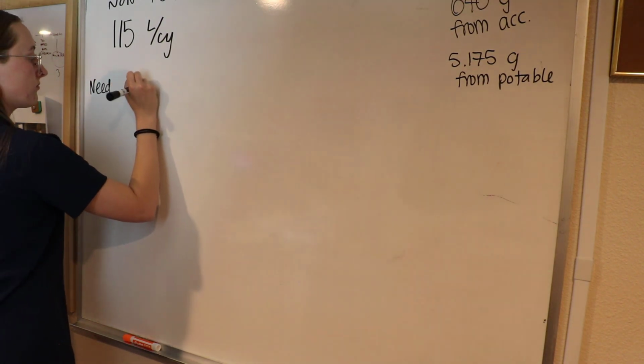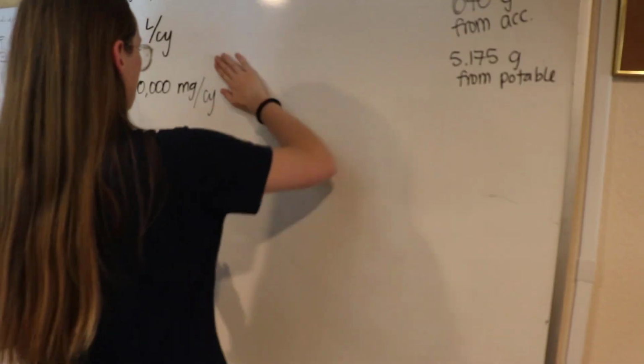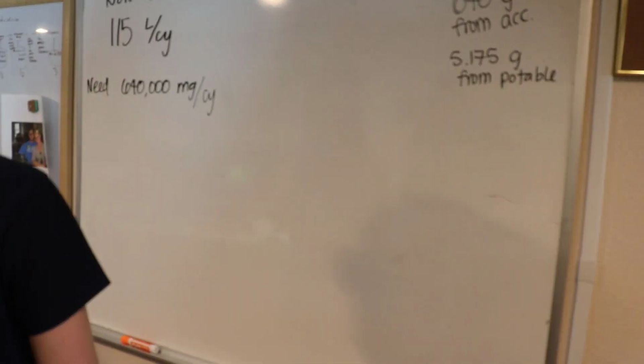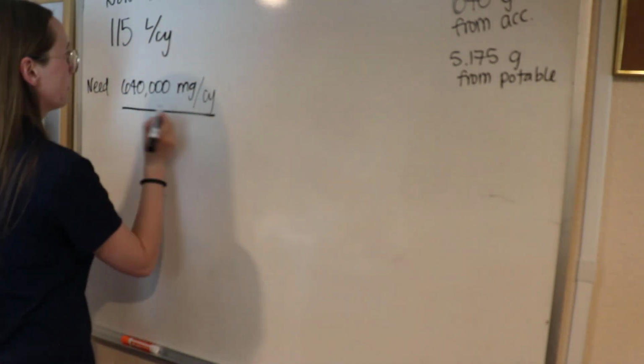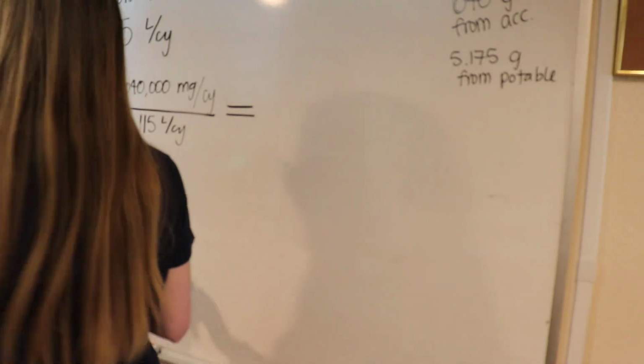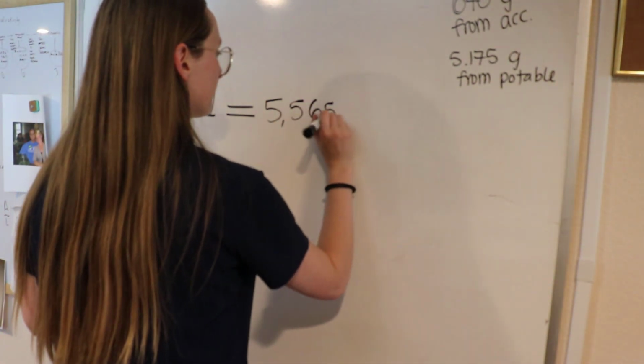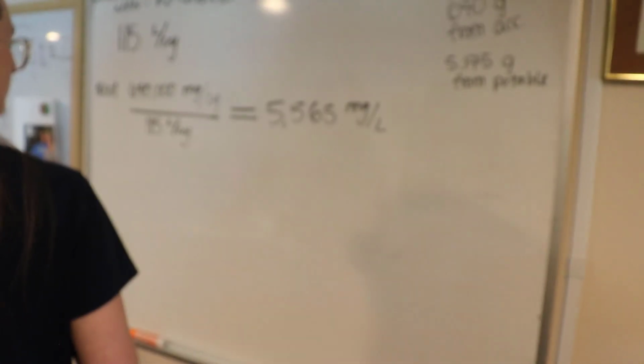So 640 times 1,000 gives us 640,000. Now we know we have 115 liters, so if we divide by 115 liters, we'll find out how many we'll need per liter.